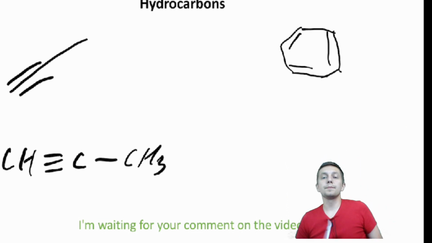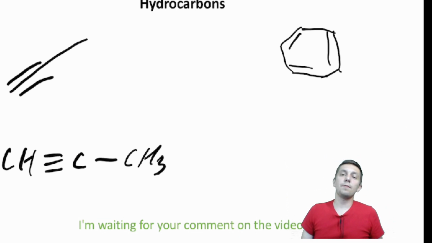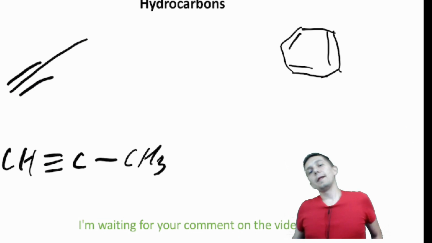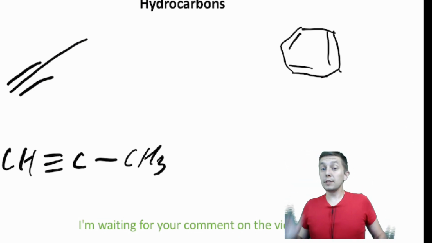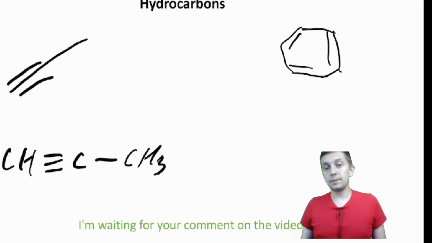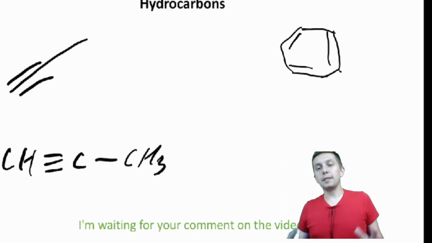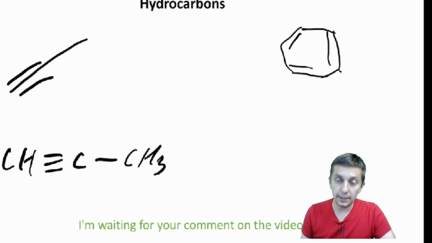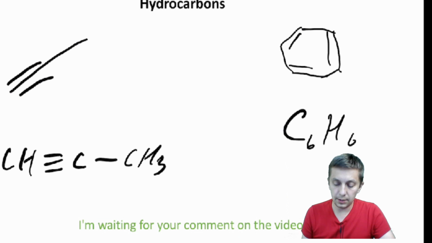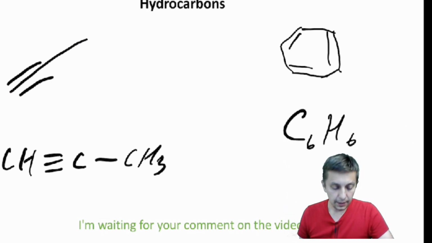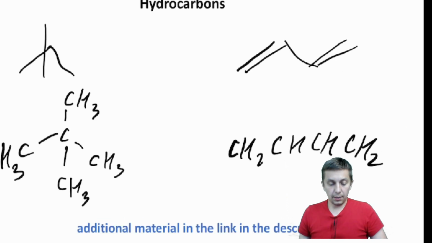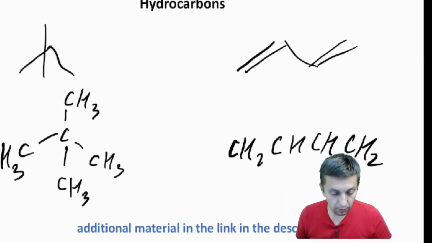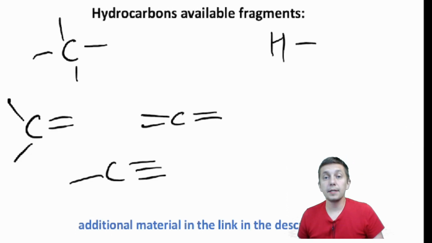And a special case: in most cases three, but not always three, if you have many conjugated double bonds, we have compounds which we name aromatics. It's C6H6, it's benzene. And all these fragments consist of only carbons and hydrogens.